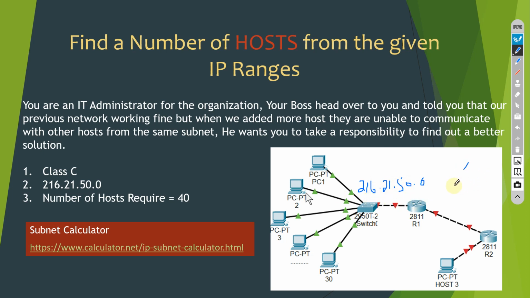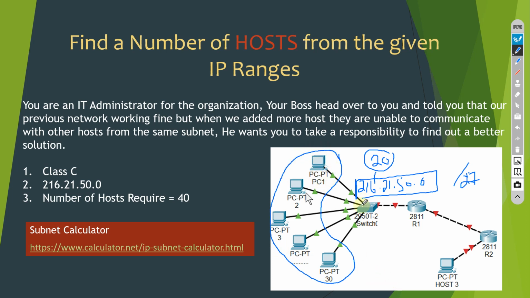I think that was /27, something like that. So this is one network, but how many hosts can it accommodate? Let's assume that it can accommodate only 20 hosts. It means I can assign this range to only 20 computers.